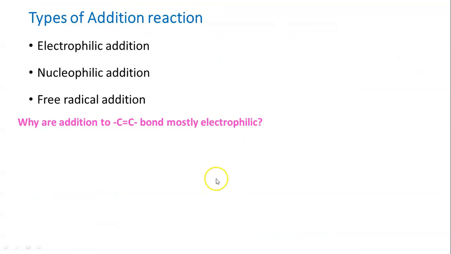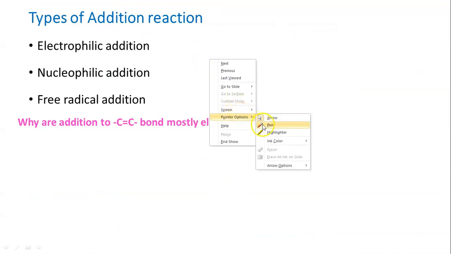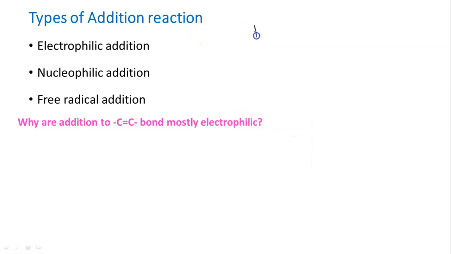Types of addition reaction. So suppose our starting material is RCH double bond CHR. Now depending on what type of reagent we are using, it may be electrophilic addition, nucleophilic addition, or free radical addition. If it is electrophilic addition, that means our reagent is an electrophile, that is an electron deficient species.